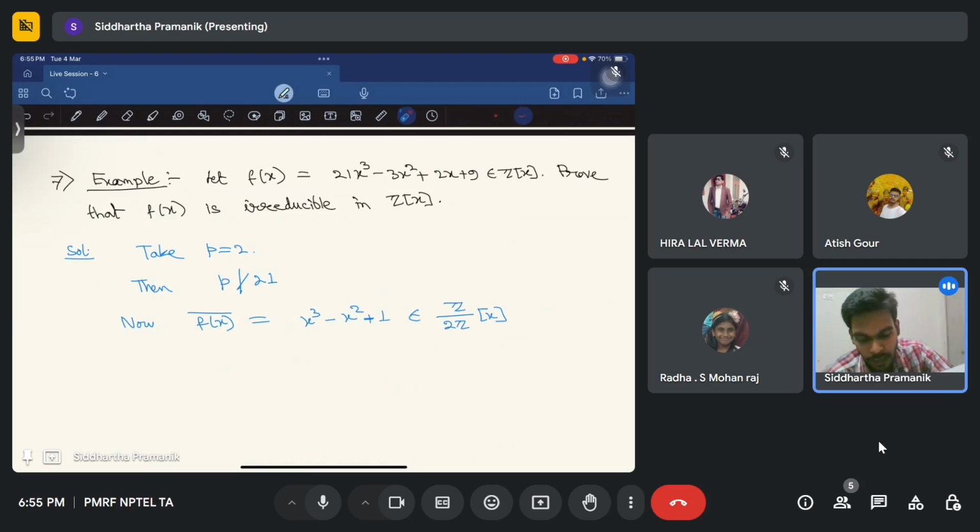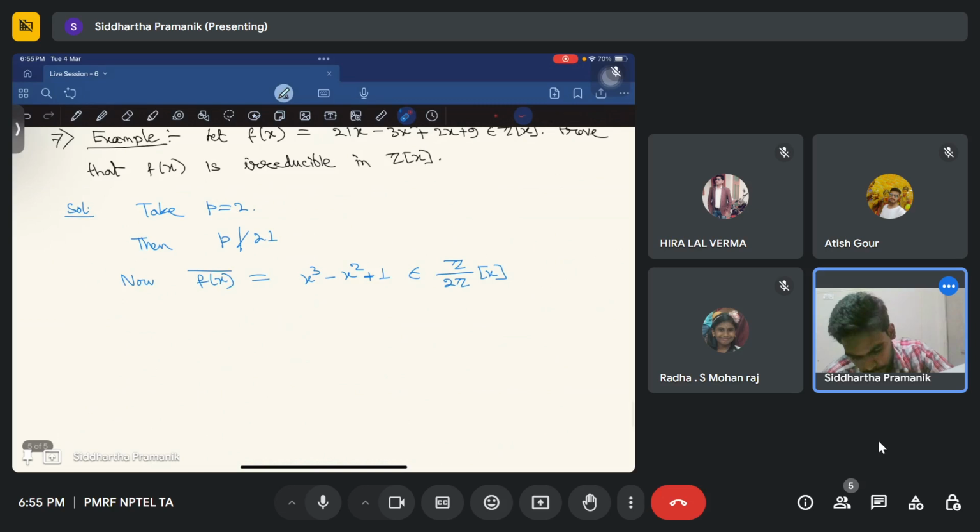This is very simple, right? You are in a very special case. Your coefficient ring is Z mod 2Z. It has only two elements, and this is a polynomial of degree 3.